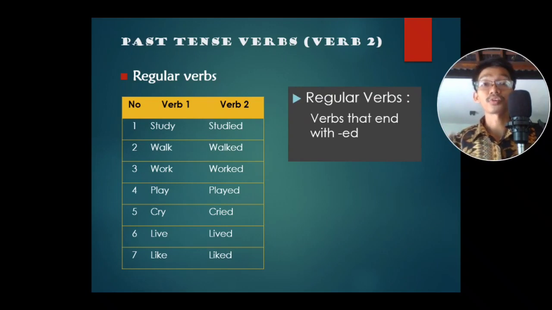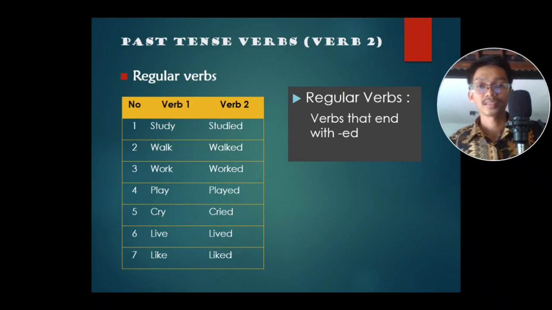Regular verbs are verbs that we use for past tense, and we only add ed at the end of the verb. Simply said, regular verbs are verbs that end with ed. These are verb 1, or the present verb, or the base verb.